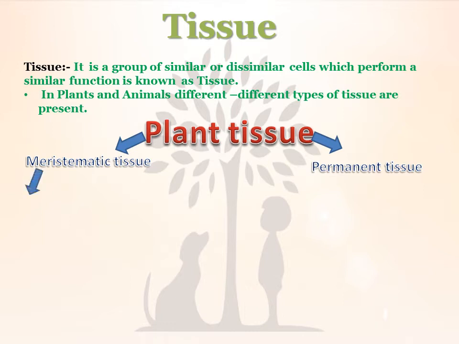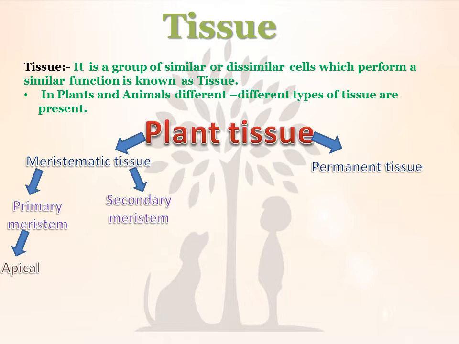Now meristematic tissue is again divided into primary meristem and secondary meristem. The primary meristem again divides into apical primary meristem and intercalary primary meristem, and secondary meristem divides into only one type, that is lateral secondary meristem.